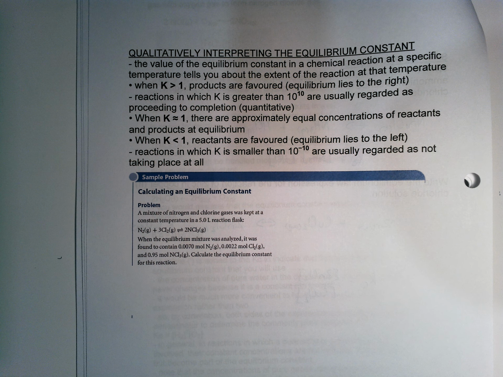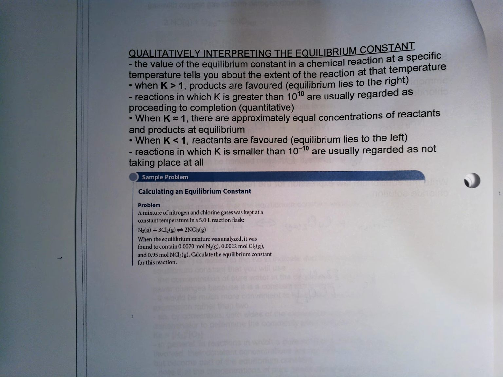Once we find our equilibrium constants, and we'll do some more examples with actual numbers, we want to know what those numbers represent. The value of the equilibrium constant for a chemical reaction at a specific temperature tells us the extent of the reaction at that temperature, so how much of the reactants will actually produce the products.